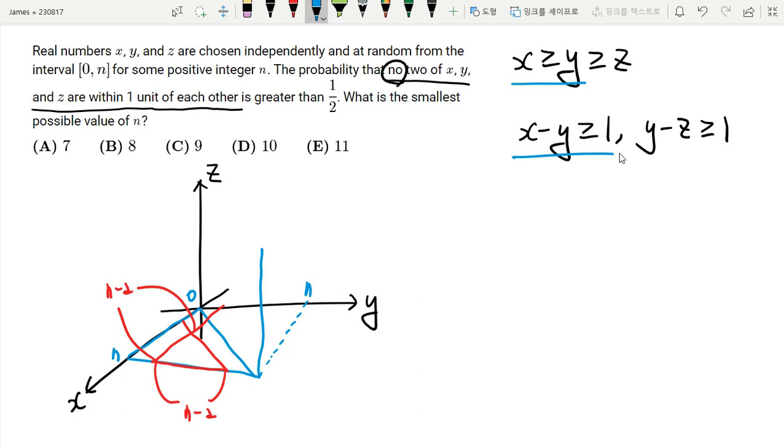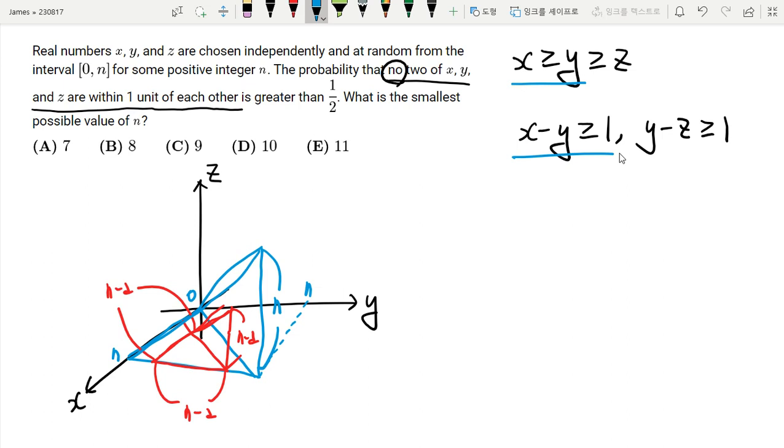So this triangular pyramid is the total cases, and then this red triangle will also make this smaller triangular pyramid, and the height of this pyramid is also n minus 2 if the total height is n.